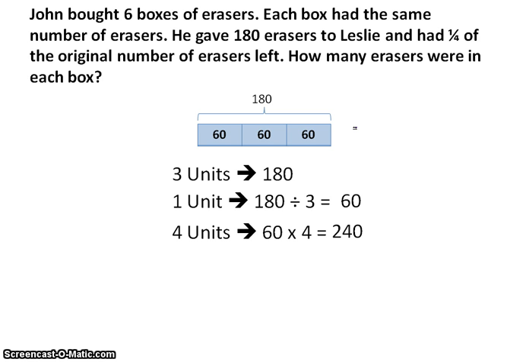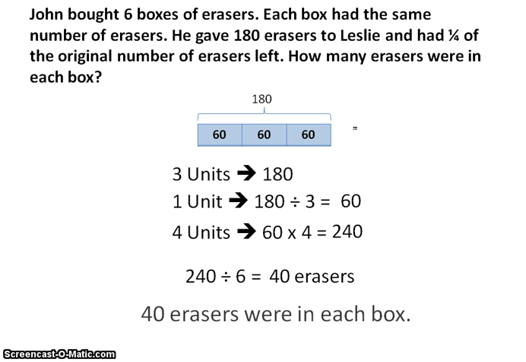In order to find out how many erasers were in each box, there were a total of 6 boxes, so we can use 240 divided by 6, and it should give us 40 erasers. Therefore, we can conclude that there are 40 erasers in each box.